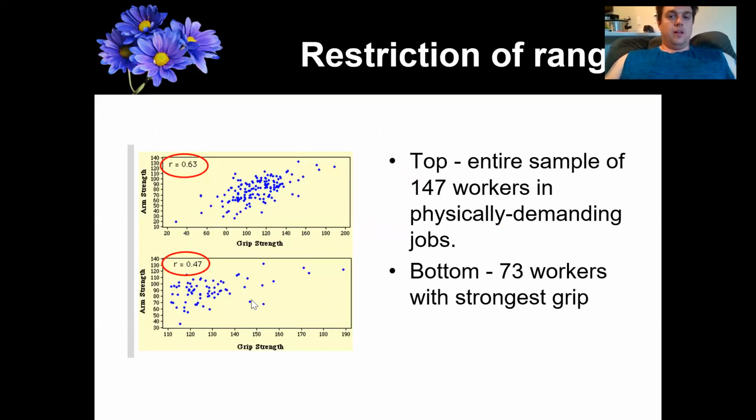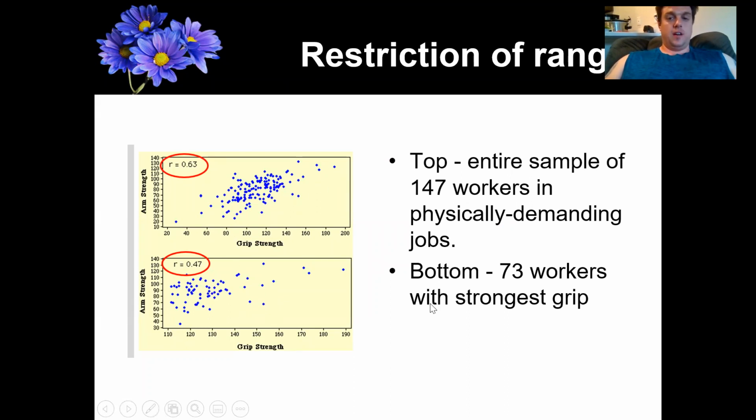Here's another example. Let's say you looked at the correlation between grip strength, arm strength, in some workers. It might be the one end of the spectrum, maybe the higher end of the spectrum, or the lower end of the spectrum. It could really be either. Might not give you a good correlation.